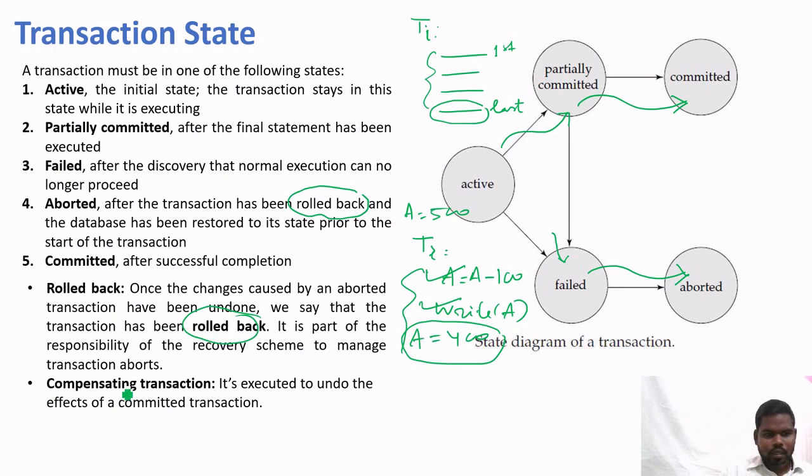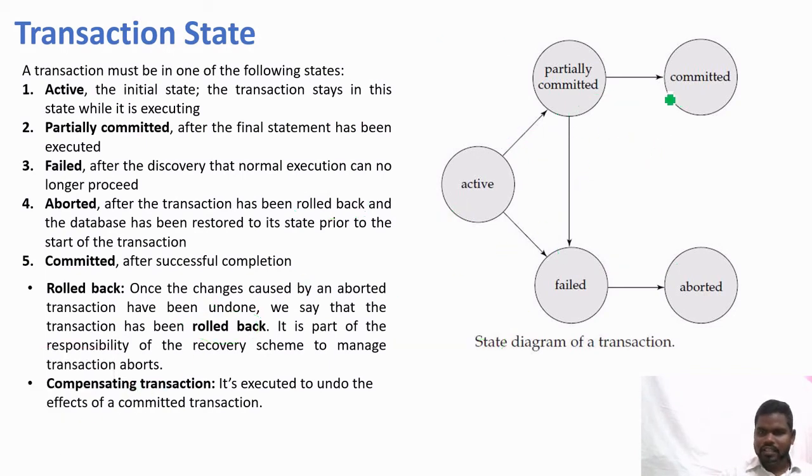Now come to compensating transaction. What is the meaning of compensating transaction? Once the transaction is committed, it cannot be rolled back. Once the transaction fails and enters the aborted state, all the operations that were done are undone, or rolled back.